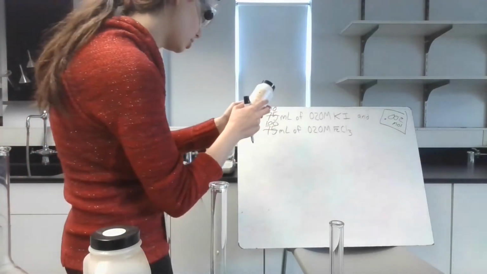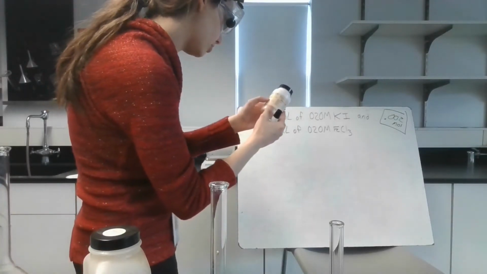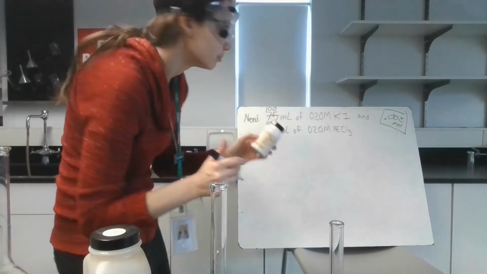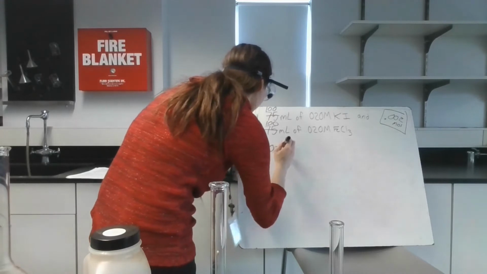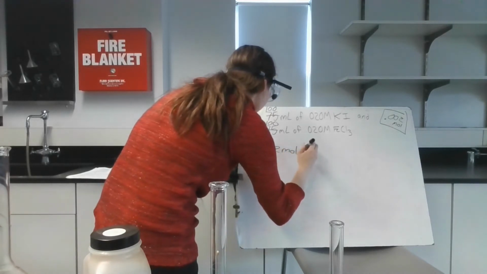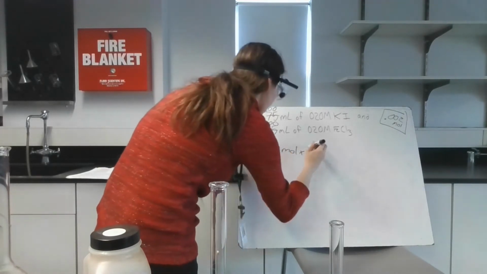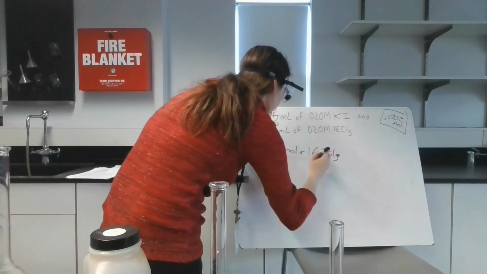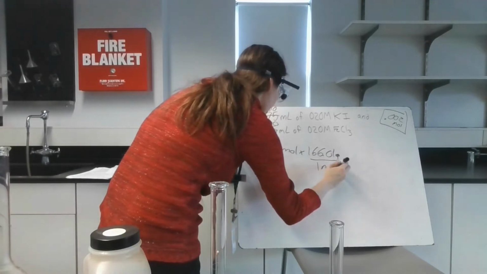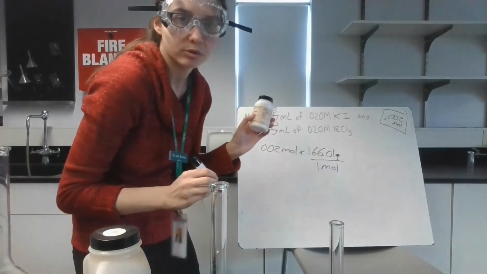So we have 166.01 grams per mole, so 0.002 moles times 166.01 grams over 1 mole.